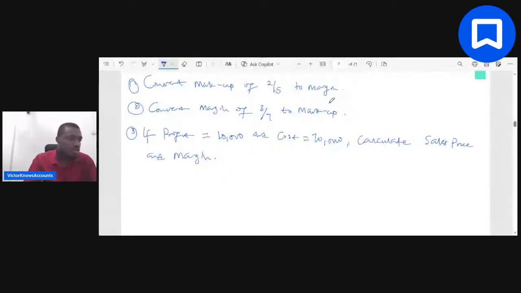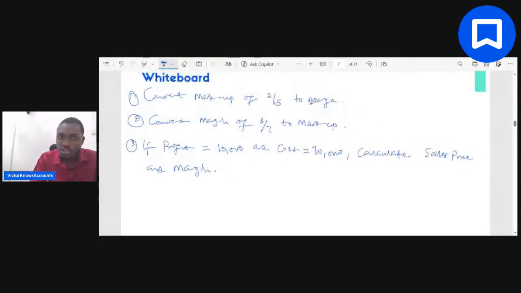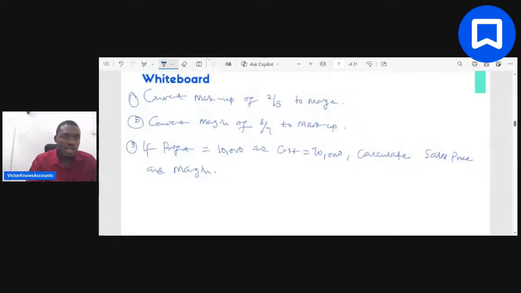So please, I need a minute, but you should solve this question within that minute. These three questions that are on the screen. Solve these three questions. I'll be with you in 1 minute. So convert markup of 2/5 to margin. When you are done, drop the answer immediately. Convert margin of 3/7 to markup.